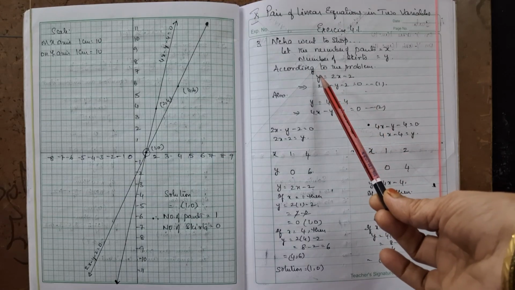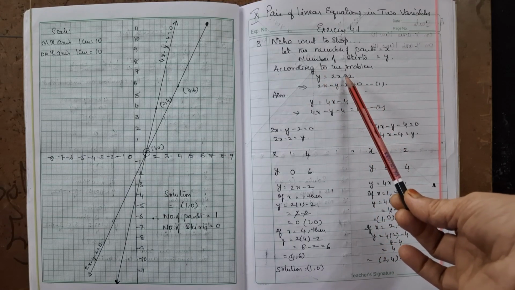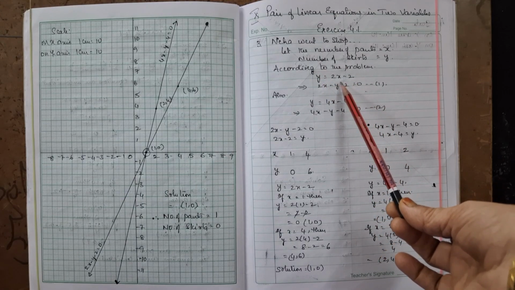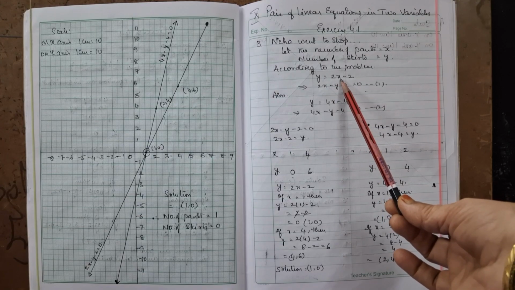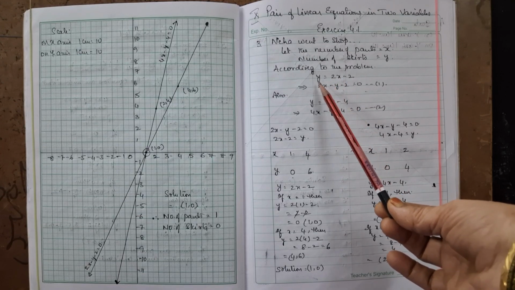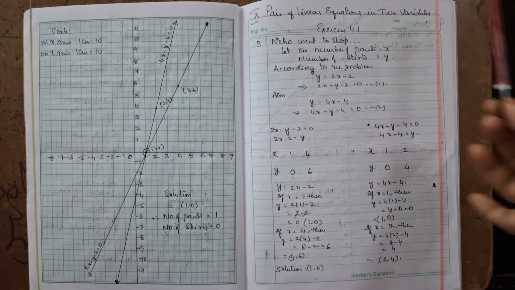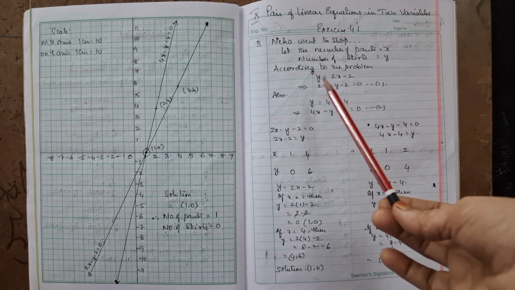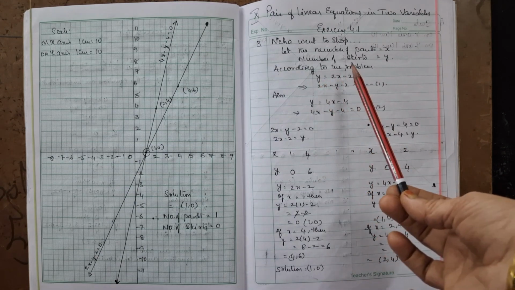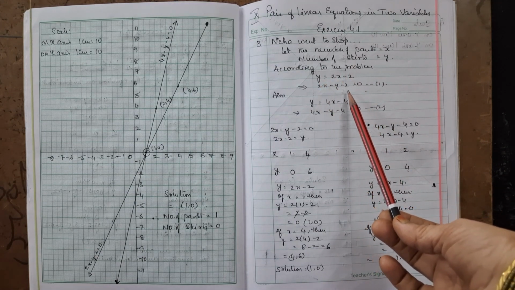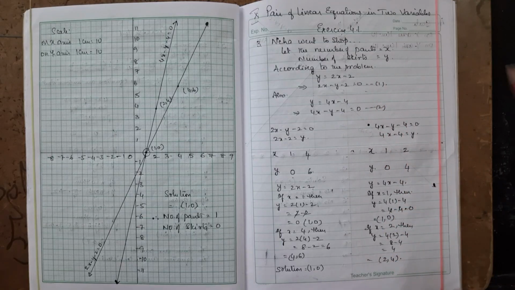The number of pants x should be multiplied by 2. Y is equal to 2x minus 2 is the equation. That means 2x minus y, I brought this y here, 2x minus y minus 2 is equal to 0. That is the equation 1 I have got.